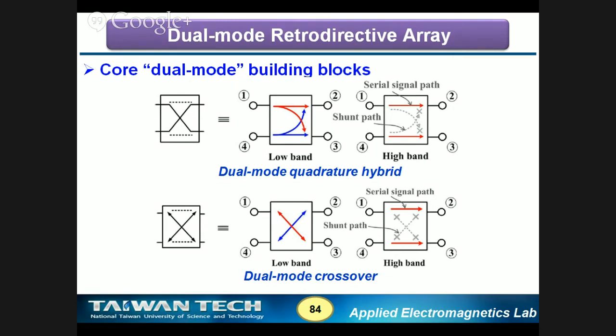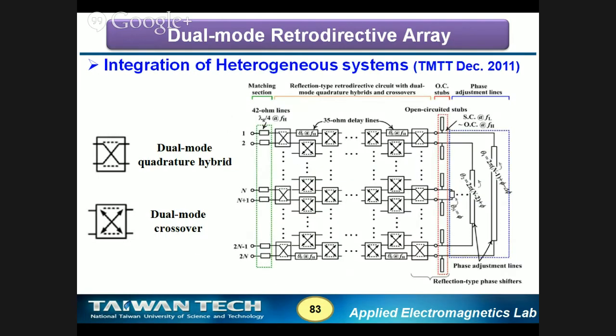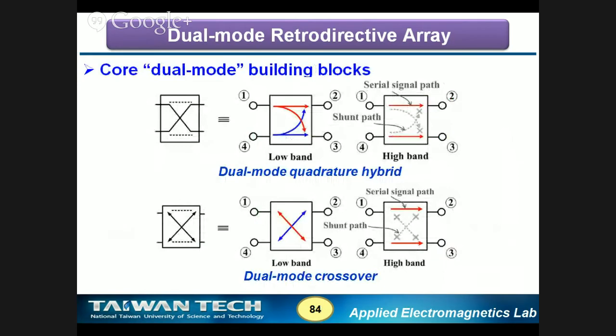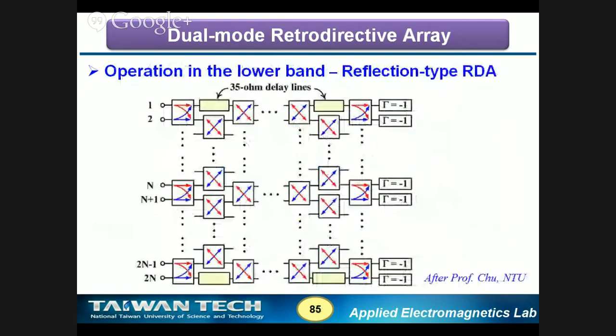If you substitute the ideal blocks into this array, what will happen? In the low band, all these function blocks will function ideally as a branch line coupler or as a crossover. So it is just the topology of a reflection type array.